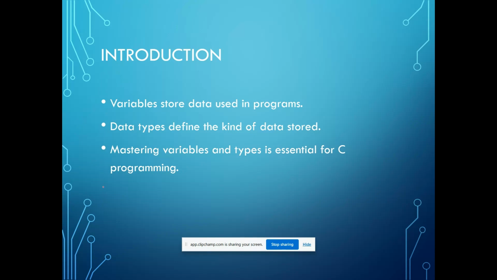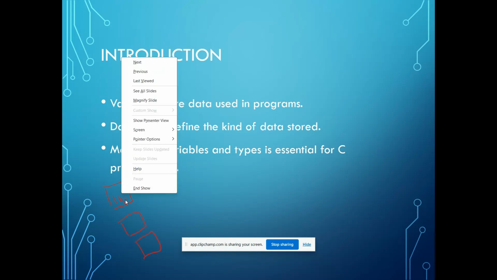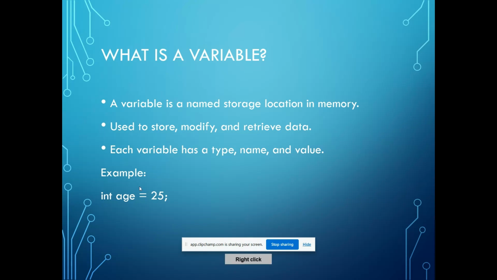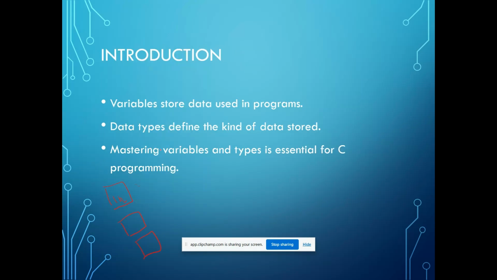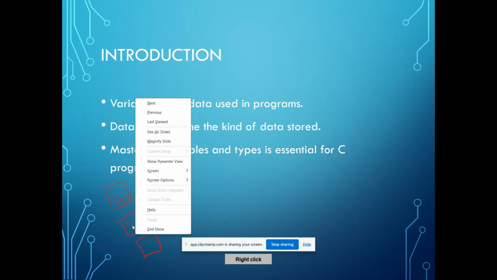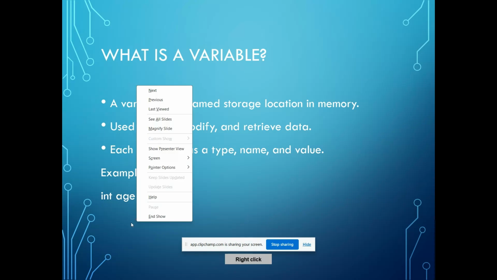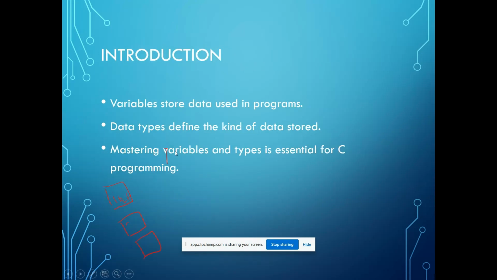So suppose you are having three boxes. So there is int, character, and this is float.